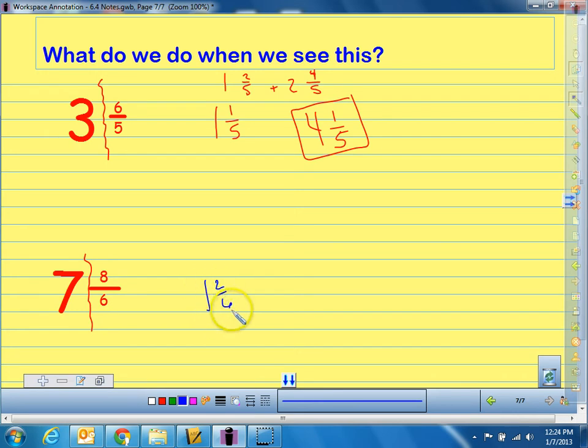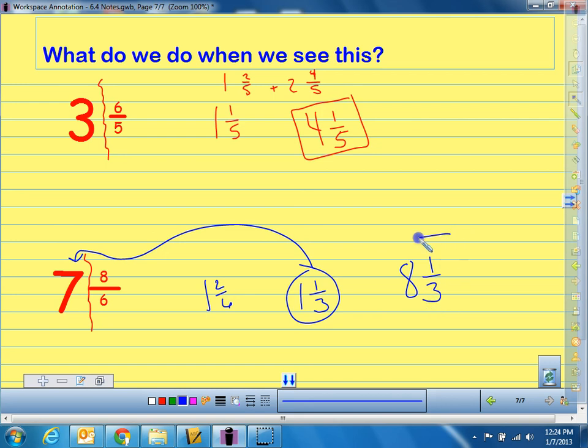So 1 and 2/6, but hold your horses. 2/6 can be simplified. We can divide them both top and bottom by 2, and we get 1 and 1/3. So when I take this 1 and 1/3 and I add it back here to my whole number, I get 8 and 1/3 as my simplified fraction.